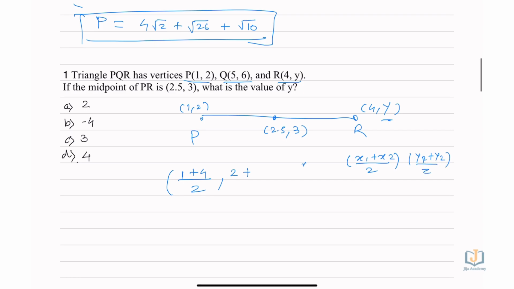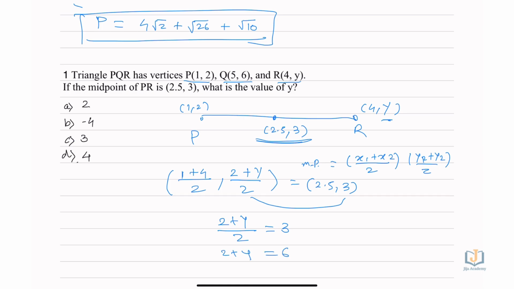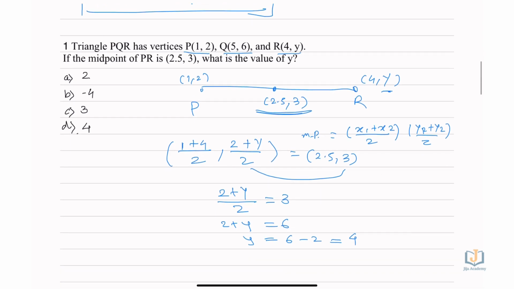So (2 plus y) upon 2 is equal to, how much did they give for the midpoint? (2.5, 3) they are given. So (2 plus y) upon 2 is equal to 3. So we get 2 plus y is equal to 6. So y is equal to 6 minus 2 is equal to 4. So we get y is equal to 4. So option D is the correct answer.